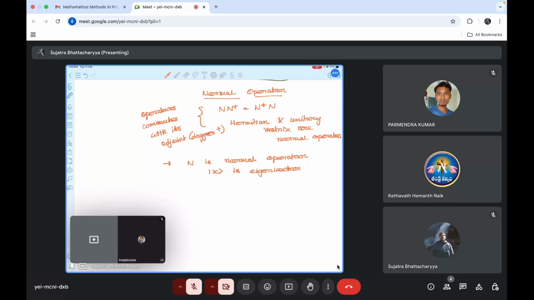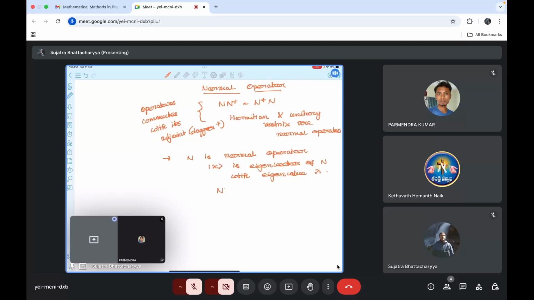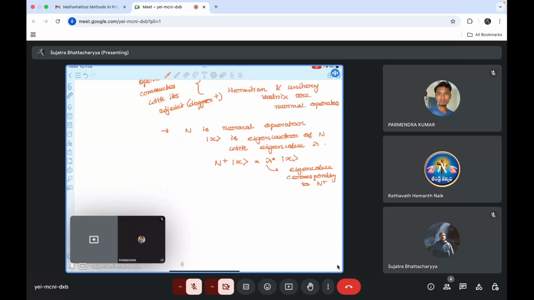If x is an eigenvector of N with eigenvalue lambda, then we can write N dagger x as lambda star x. This is the eigenvalue corresponding to N dagger. Nothing new here; it's all known to you.